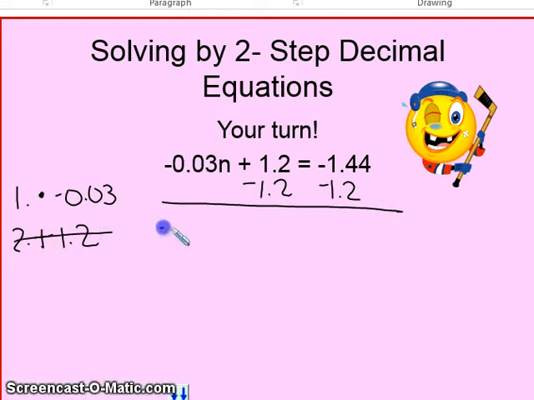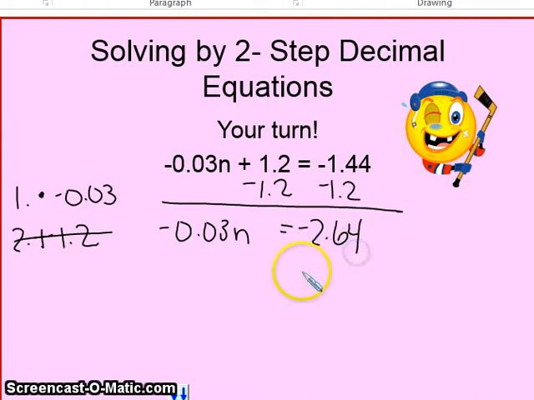I can bring down my negative 0.03n. 1.2 minus 1.2 is 0. And negative 1.44 minus 1.2 is negative 2.64. Now the next step I said was multiply by negative 0.03, so I'm going to do the opposite and divide by negative 0.03.